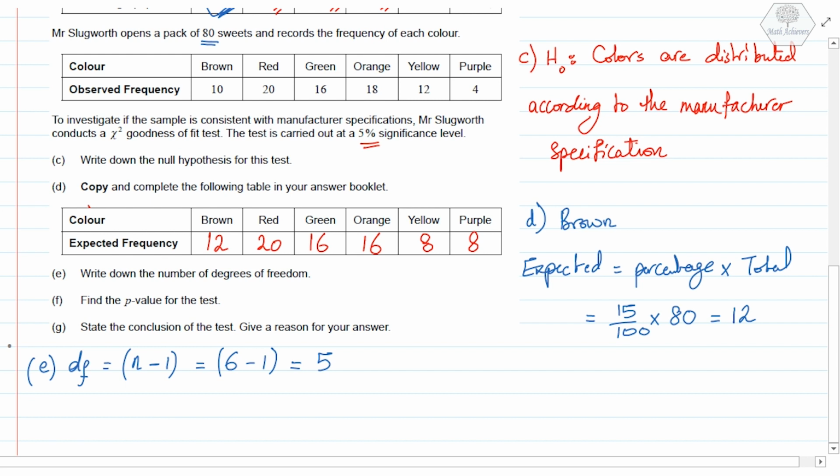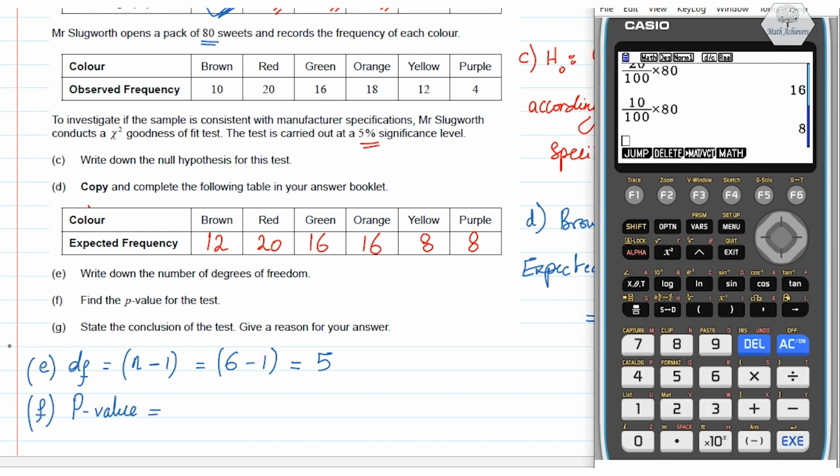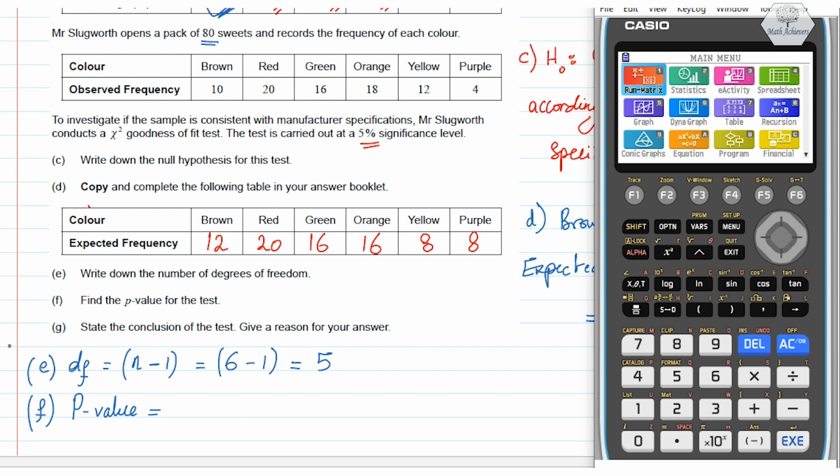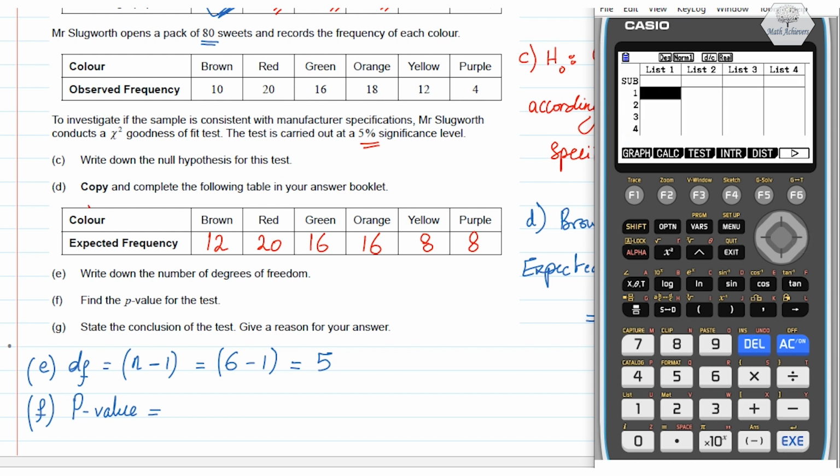Part F, we want to find the p-value for this test. In order to find the p-value, we need to use our graphical display calculator. We go to menu and then statistics.